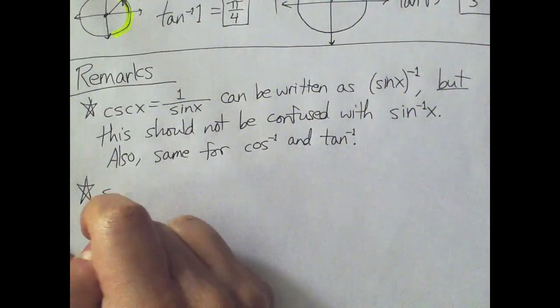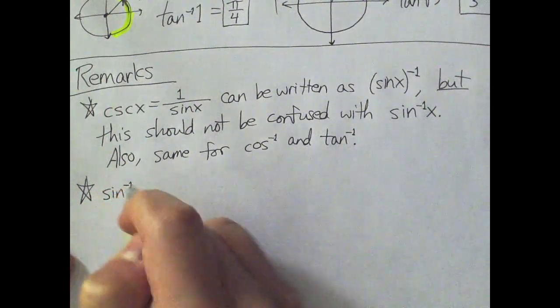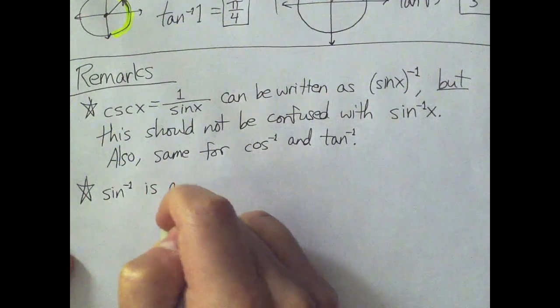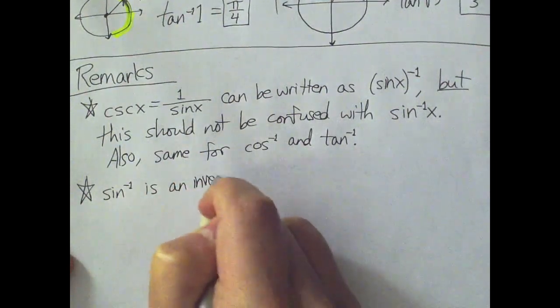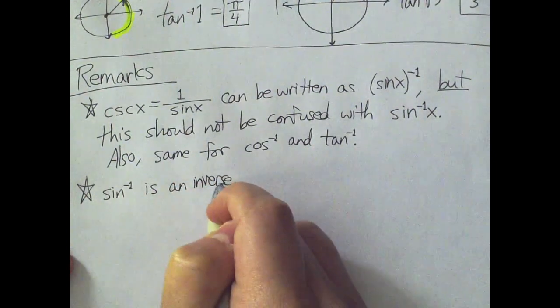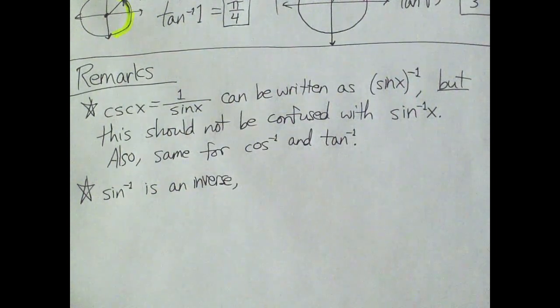Next, I want to say inverse sine as a function is an inverse. And something that we know about inverse functions is that the inverse and the original function are supposed to cancel each other out.